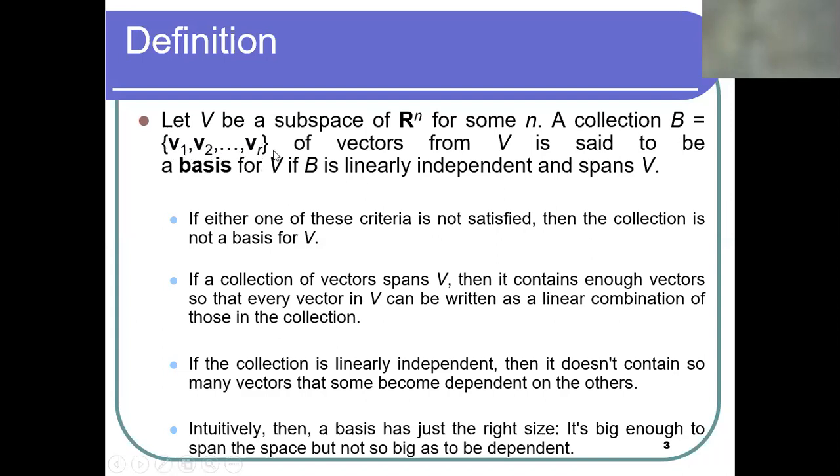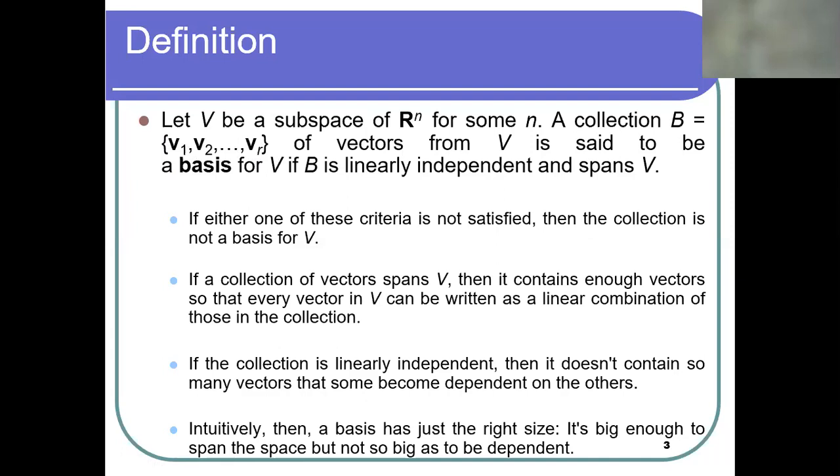So you have a set of r vectors, each vector being of length n cross 1 or 1 cross n. So this set B will form a basis for vector space V if it is linearly independent and spans V. If either of these criteria is not satisfied, then the collection is not a basis for V.